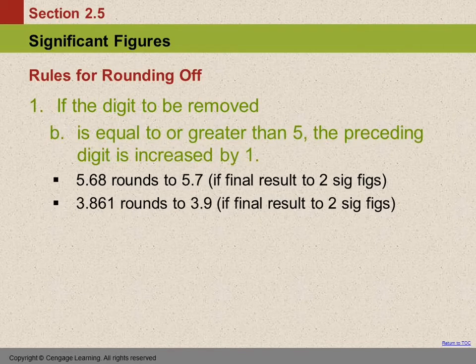If the digit to be removed is equal to or greater than 5, we'll round up. We'll increase the preceding digit by 1.